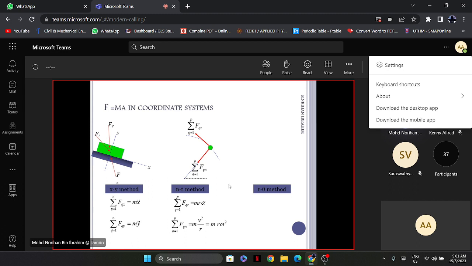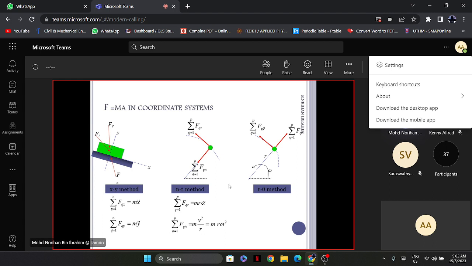Let's say we have this kind of situation, especially for the figure on the left hand side. We have a box or block located on an inclined plane, acted upon by multiple external forces F1, F2 up to Fn. The initial step in solving this problem is always to draw the free body diagram, or the kinetic diagram.